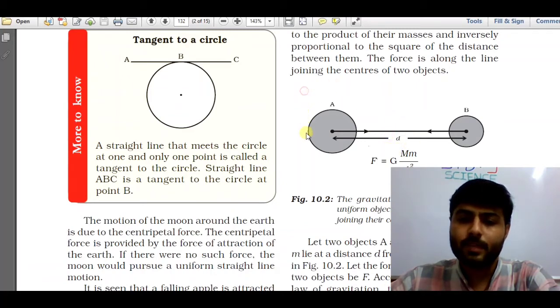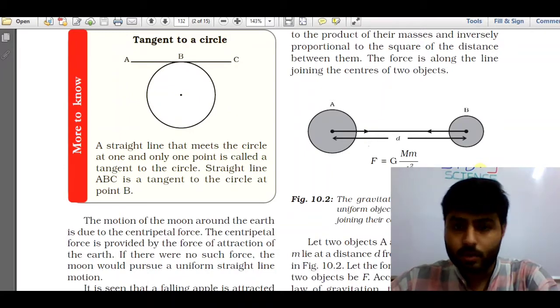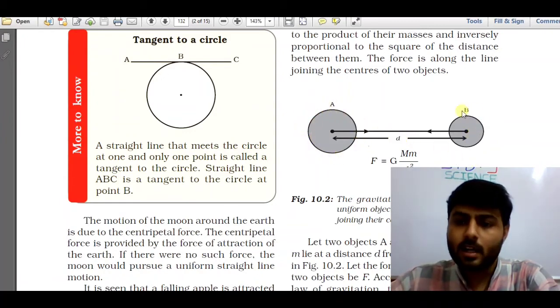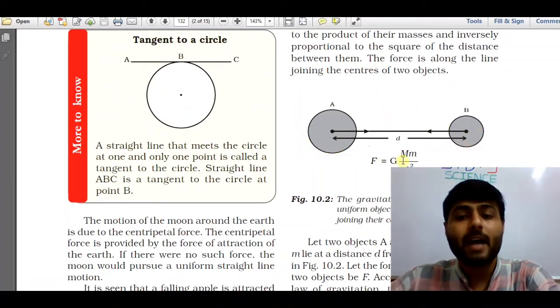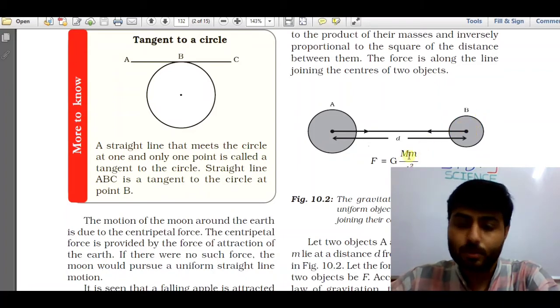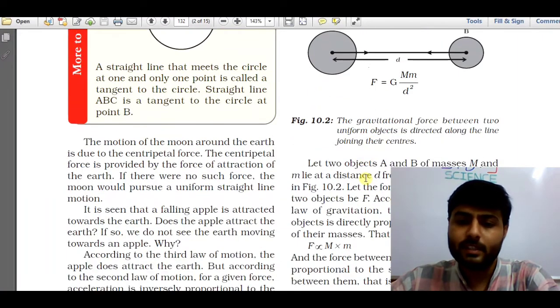You can remember this figure, and whenever this question is asked in our examination, we have to draw this basic figure which denotes object A with mass capital M, object B with mass small m, and the distance between these two objects as d. So this is the basic figure.